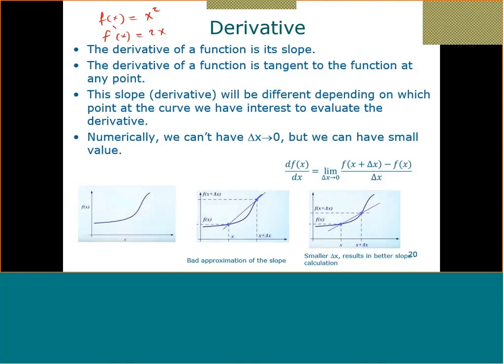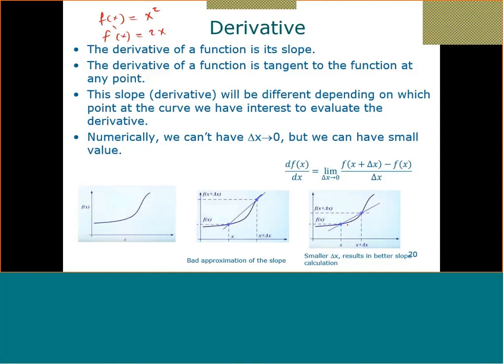For instance, here, this is your delta x, and if you want to find the derivative at this point, or at this point, there will be a huge error because your delta x is large. Now, if you reduce delta x, you will have a better estimation of the derivative. And as you keep decreasing delta x, you will get a better and better estimation. And this leads us to something very important that we will start discussing next week, which is the error.